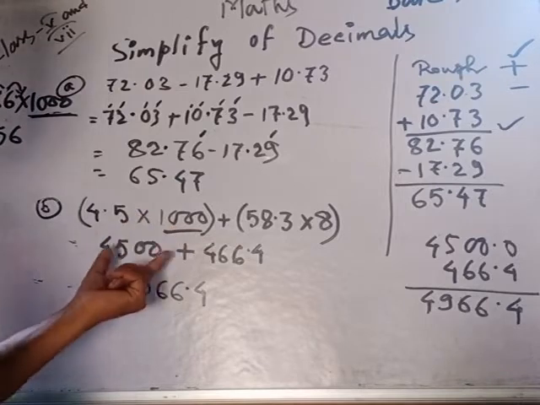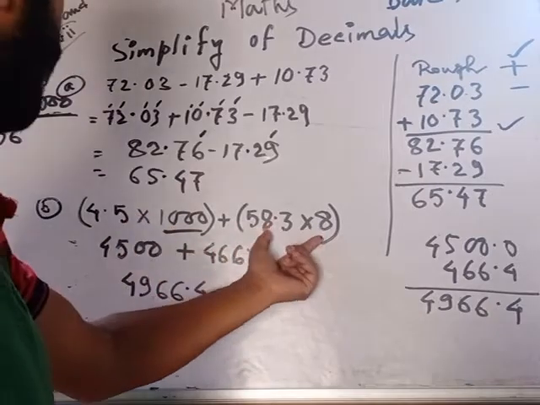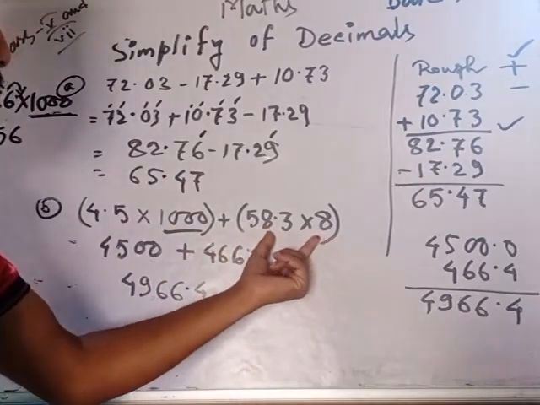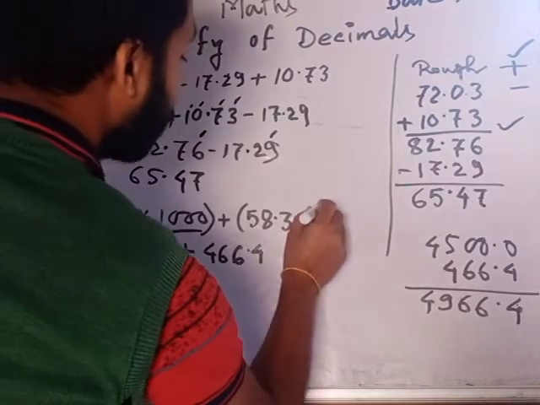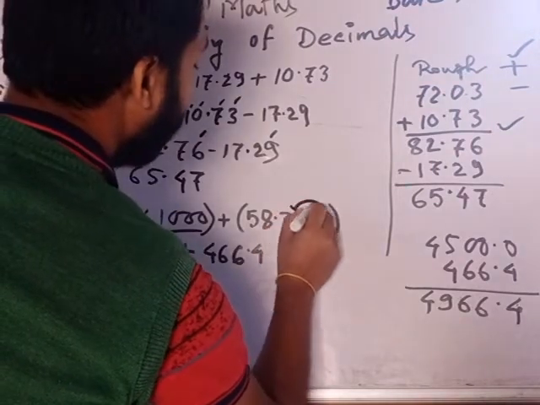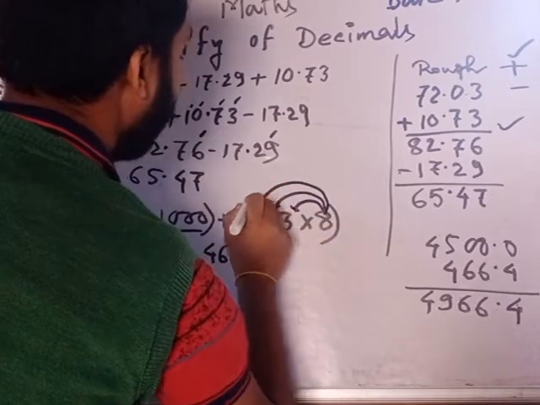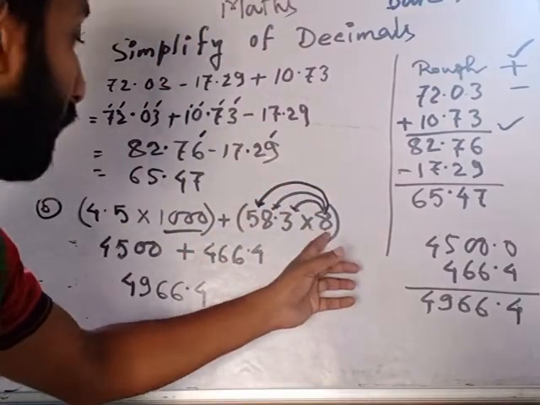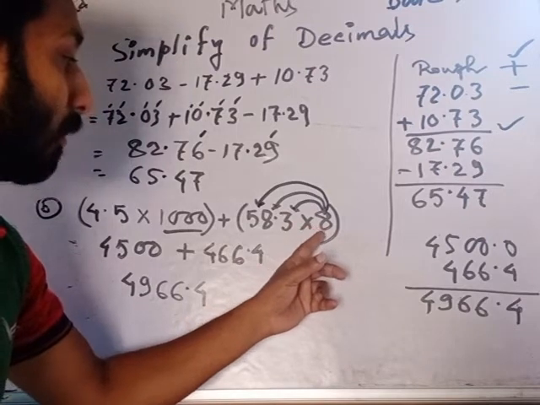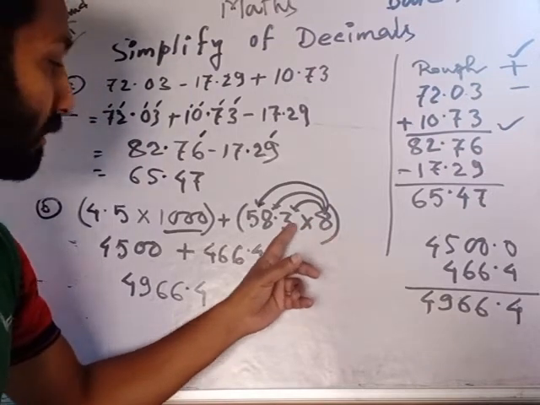So we should multiply this number. We should multiply these two numbers. At first we should multiply 8 with 3, then 8, then 5. That means 3 eights. At first you should multiply 8 with 3. 3 eights are 24.